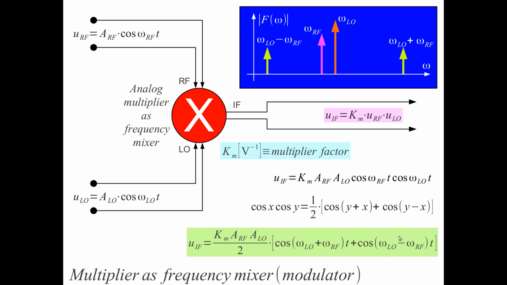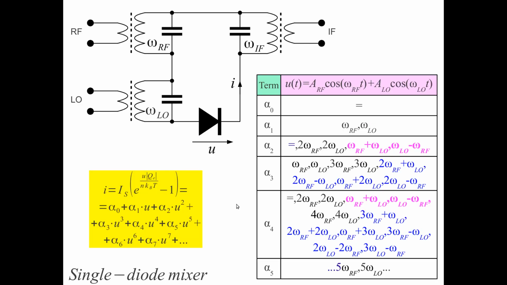How do we do this in practice? In practice, we need an electronic component that performs multiplication. And we may get multiplication in different ways here. We can use just a single nonlinear component, like a semiconductor junction, a semiconductor diode, that has its famous diode equation that includes an exponent function.